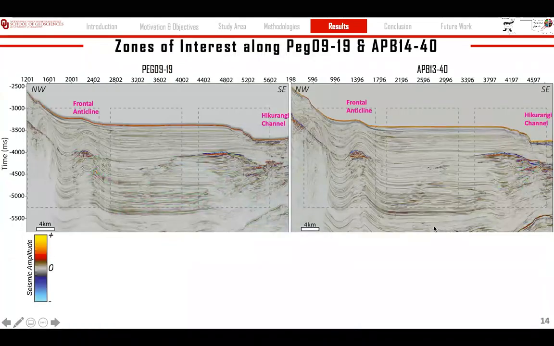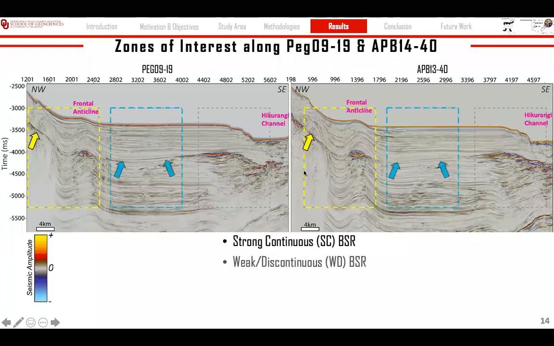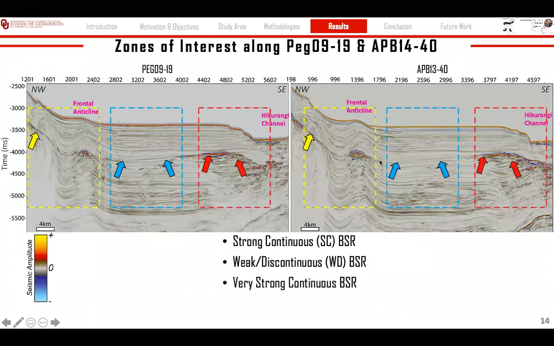Now on to the results for the attenuation application. We compare the results of the PEGO 9-19 survey to that of the APB 13-40 survey lines. We compare the strong continuous BSR, the weak discontinuous BSR, as well as the very strong continuous BSR.